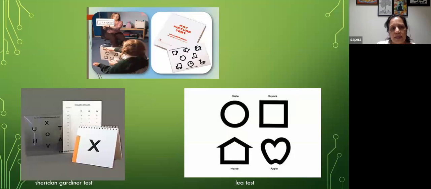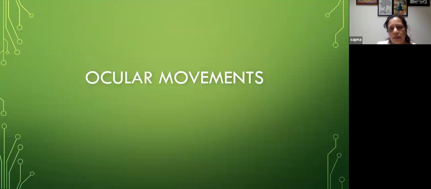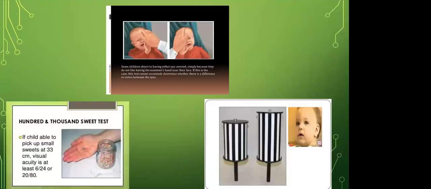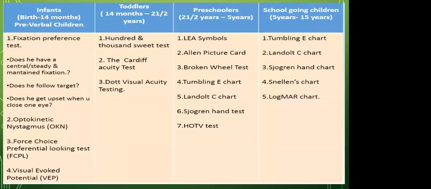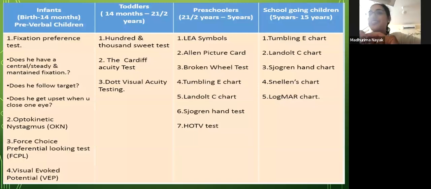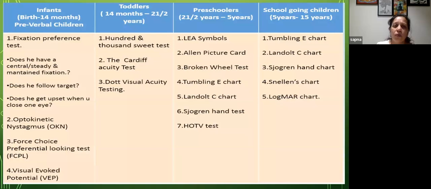Okay, then you have Kay's pictures, Sheridan Gardner and the Lea charts. Ma'am, I have one question. Till what age can we use the CSM method, that is central, steady, maintained? That goes till you're not having any recordable vision, I think.